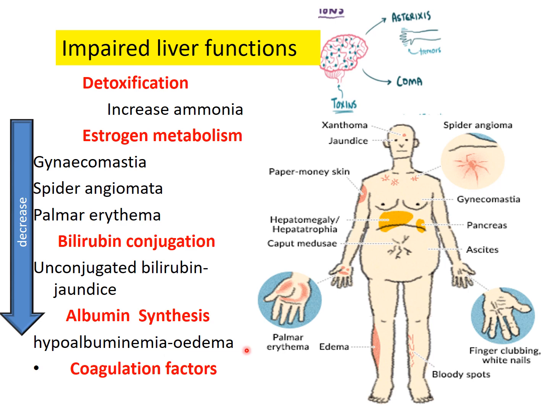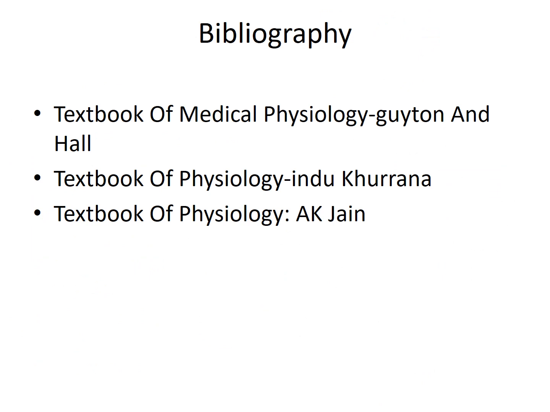This will result in disturbance of the forces at the level of capillaries, the Starling forces, and therefore the capillary hydrostatic pressure and capillary osmotic pressure will be affected. There will be more hydrostatic pressure, and it won't be balanced by the colloidal osmotic pressure, resulting in edema. And this edema will be visible in the legs as pedal edema.